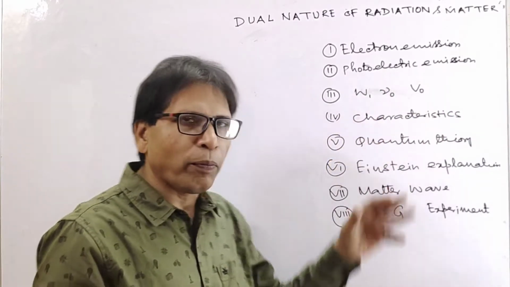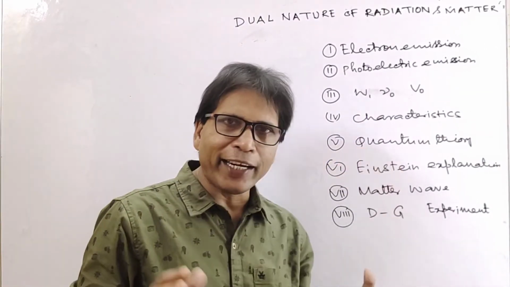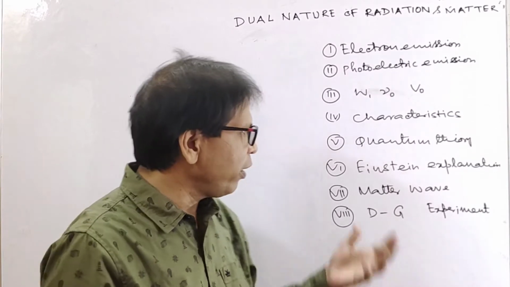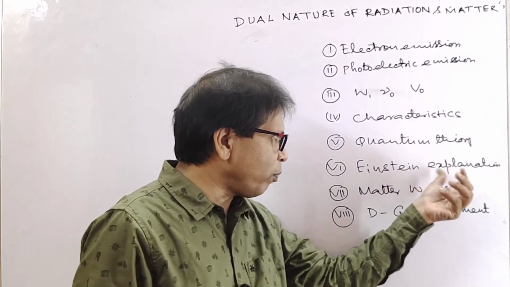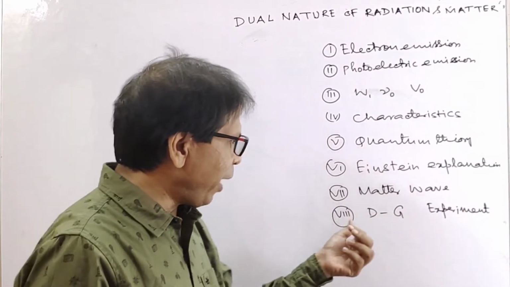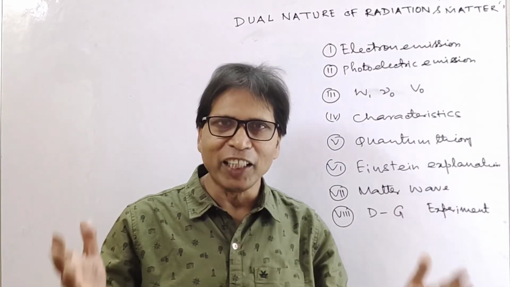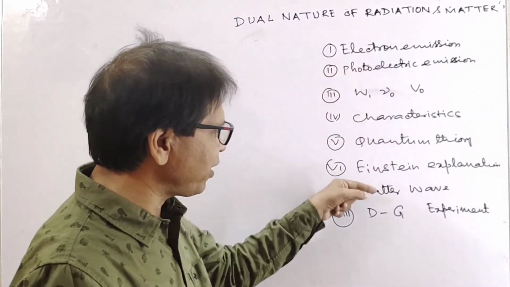Then characteristics of photoelectric effect. Then quantum theory, that is the properties of photon. Einstein's explanation of photoelectric effect. Matter wave. Davisson Germer experiment. And finally NCERT numericals of all topics.